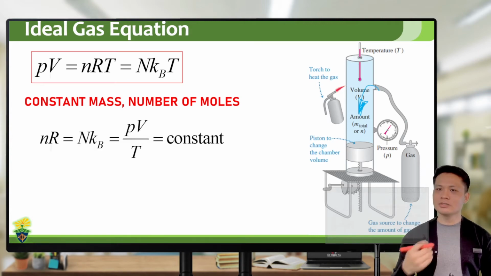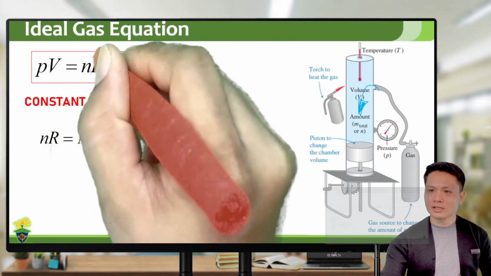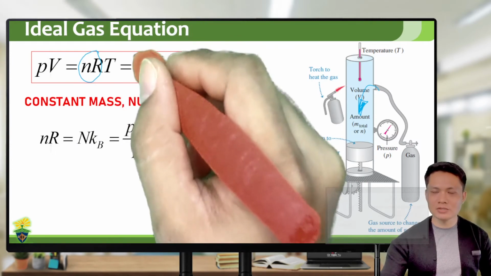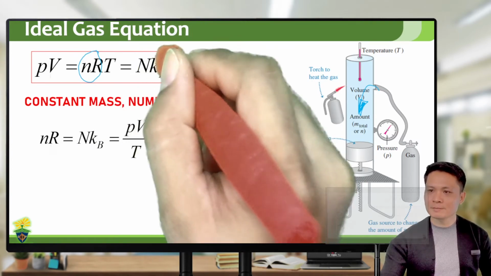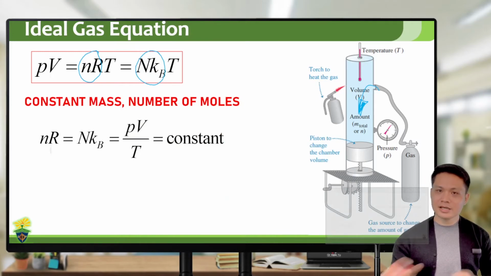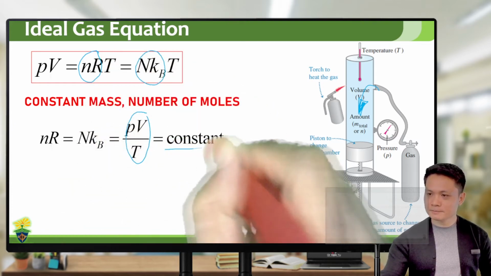If we are to introduce from this equation a fixed amount of gas, then these terms should be equal. Under different values of temperature, this ratio should remain constant.